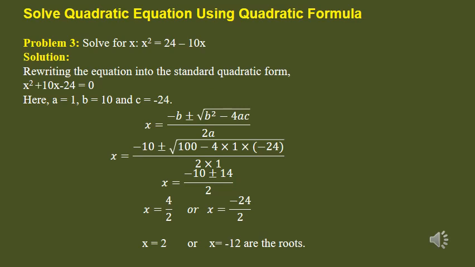After putting the values of the coefficient of x square, the coefficient of x and the constant term in the quadratic formula, we get the two roots, x is equal to 2 and x is equal to minus 12. And you know very well what the quadratic formula is: x equals minus b plus minus under root of b square minus 4ac, divided by twice a.